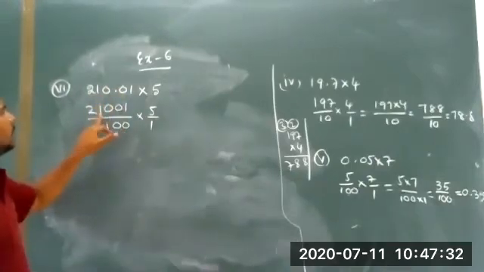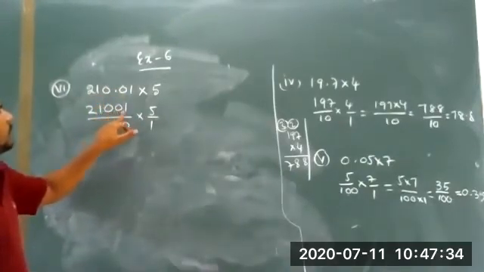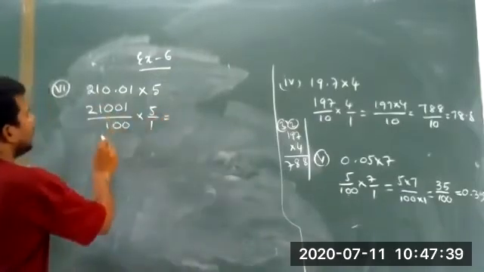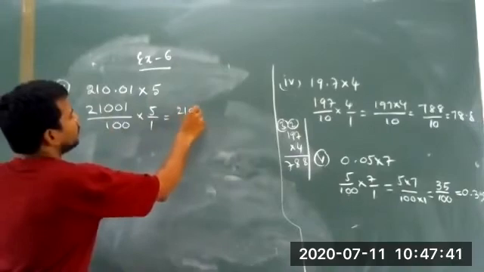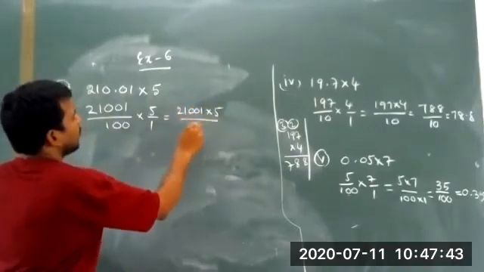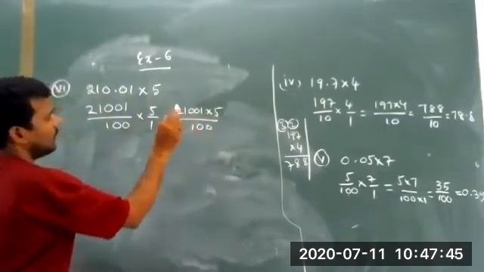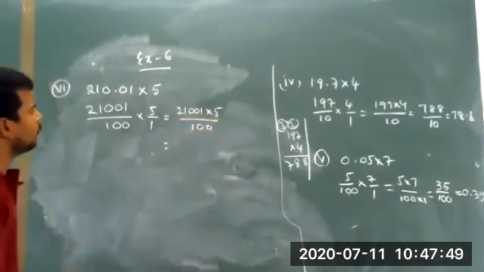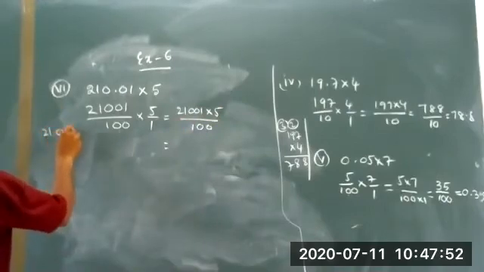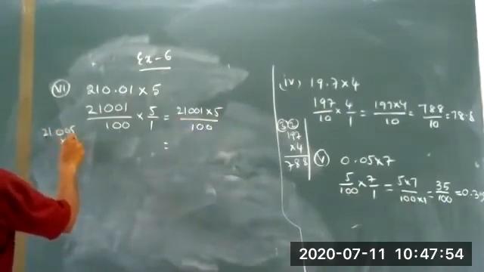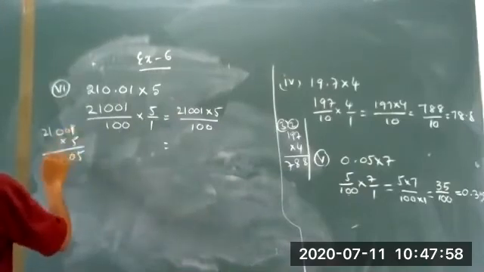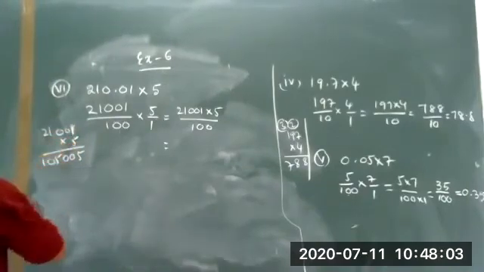So this number 21,001 by 100 into 5 by 1. Now here numerator, 21,001 into 5 by 100 into 1, that is 100. So 21,001 into 5: 5 ones are 5, 5 zeros 0, 5 zeros 0, 5 ones are 5, 5 twos are 10.